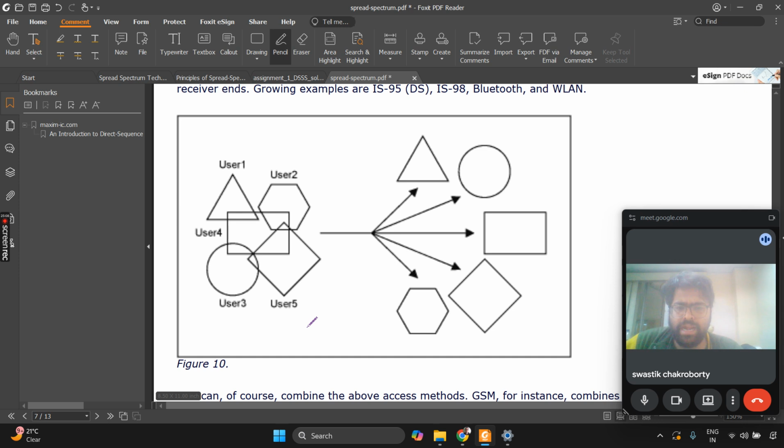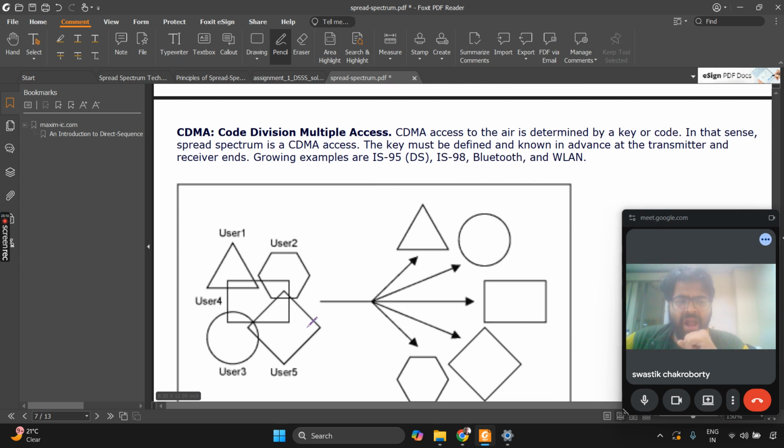Now CDMA is fun in that way that it does not use frequency or time separation. All the user data is transmitted simultaneously, and all in the same frequency bandwidth.